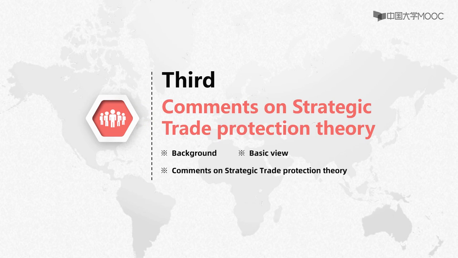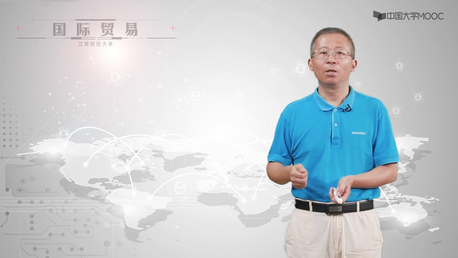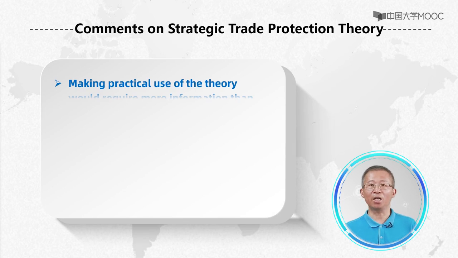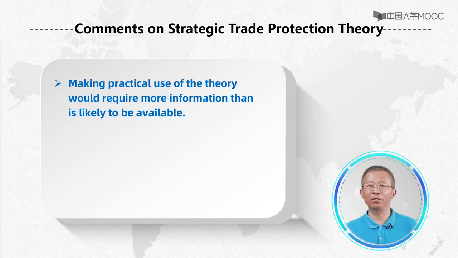Third, comments on strategic trade protection theory. While the strategic trade policy has attracted much interest, it also received much criticism. First, making practical use of the theory would require more information than is likely to be available.